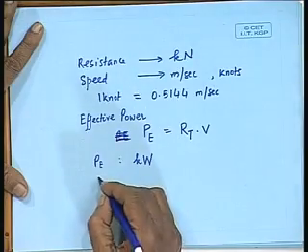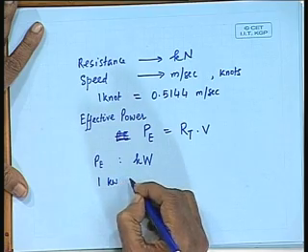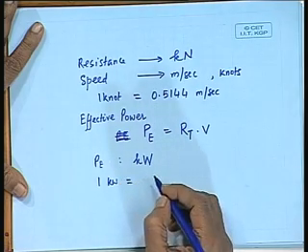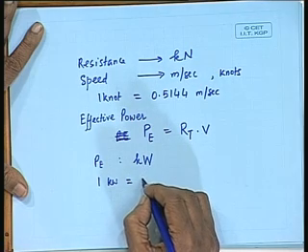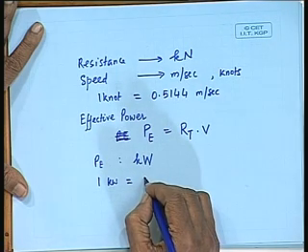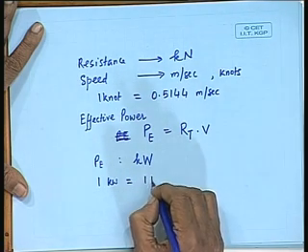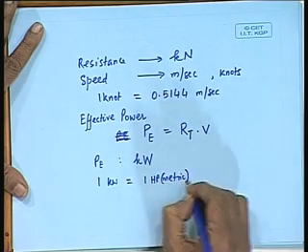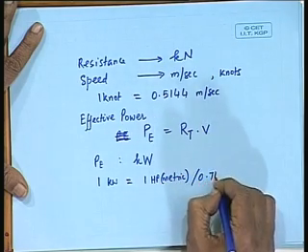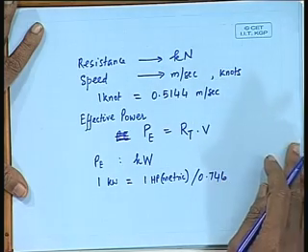In British unit or in the metric HP unit, there will be a conversion from kilowatt. So, 1 kilowatt is equal to 1 metric HP divided by 0.746, right?